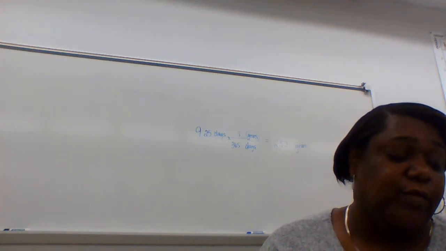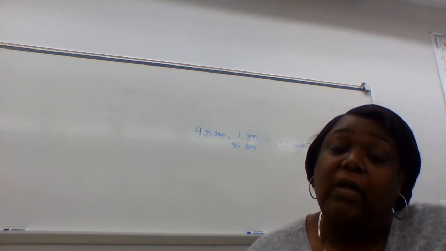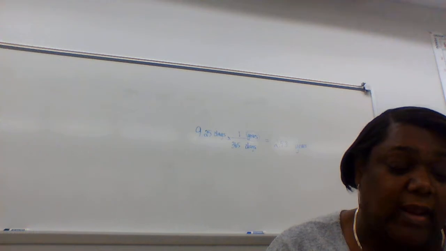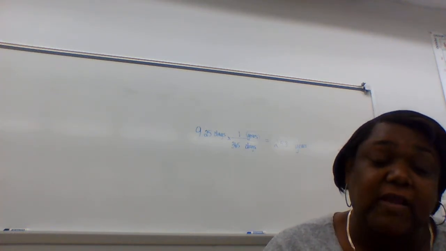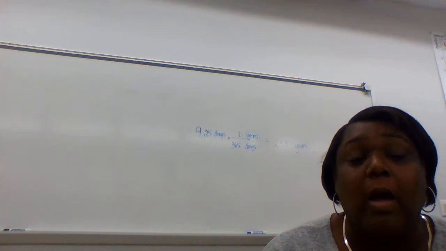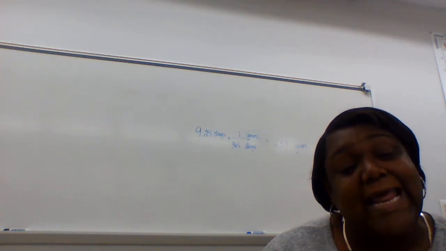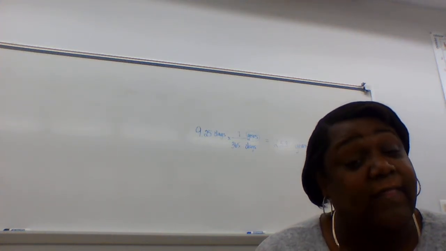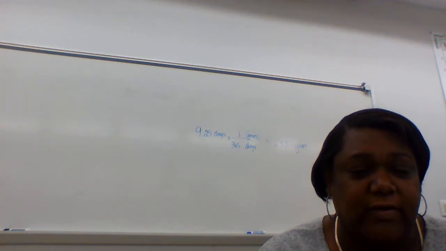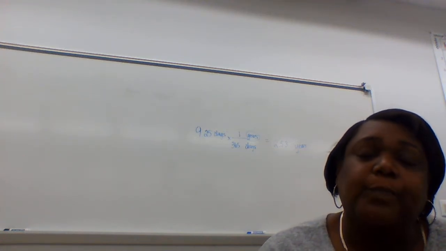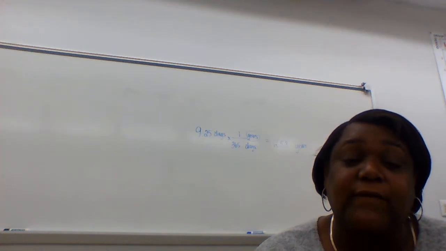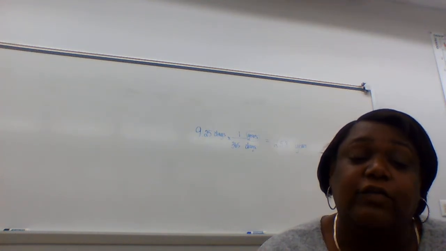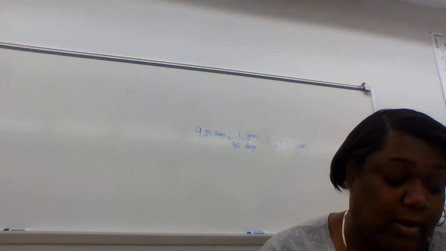However, in section 4.3, it points out that you won't always know that direct conversion. Especially if they give you a problem where you're going from a metric unit that has a prefix to another metric unit that has a prefix. Okay, you won't necessarily know what that direct conversion is, and so you may need to do a multi-step problem.